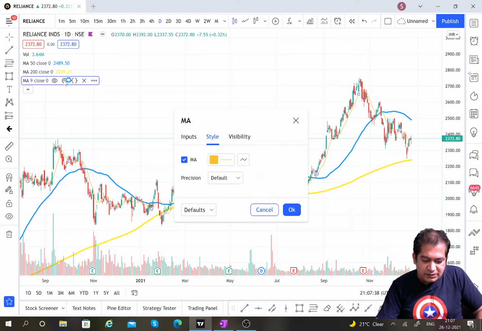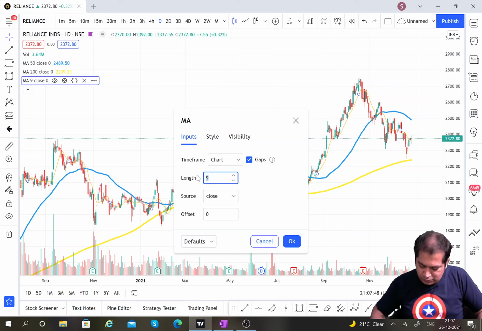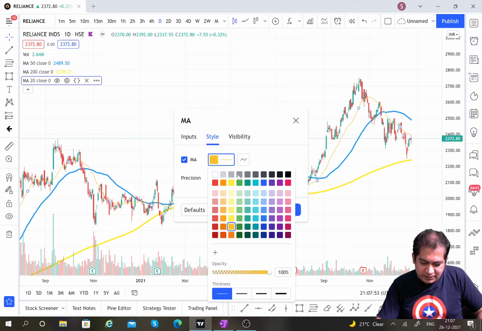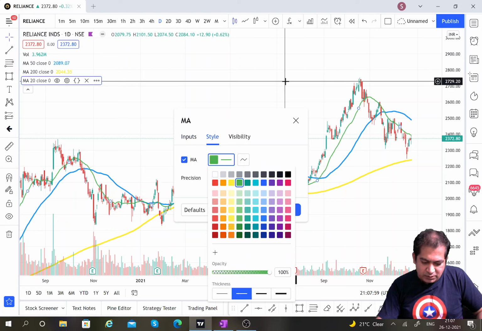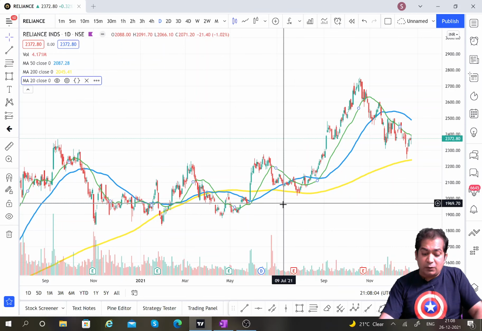You change it to 20 now. And for style, let's turn it green. Let's not keep it too thick, let's keep it medium thick. Alright. Okay. So now what happens?